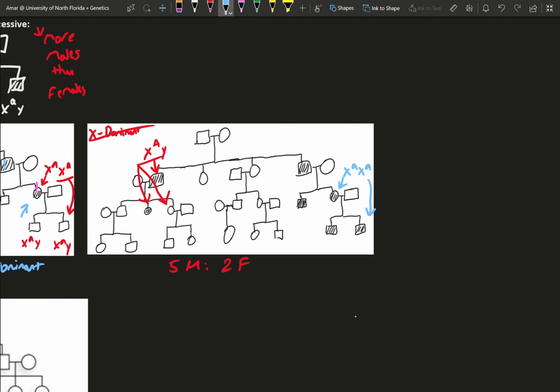So it could be that this particular trait is due to X-linked recessiveness. And since we have more males than females affected, it's more likely than not that this particular trait is an X-linked recessive trait.